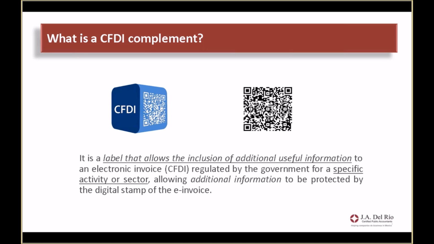A complement is a specific label that will be included in any CFDI or electronic invoice that will allow you to include specific and additional useful information for a specific activity or sector. This will allow the invoice to be protected by the electronic chains and everything related to electronic invoices.